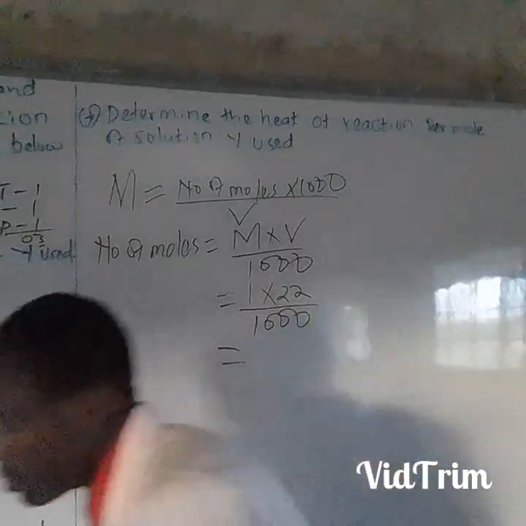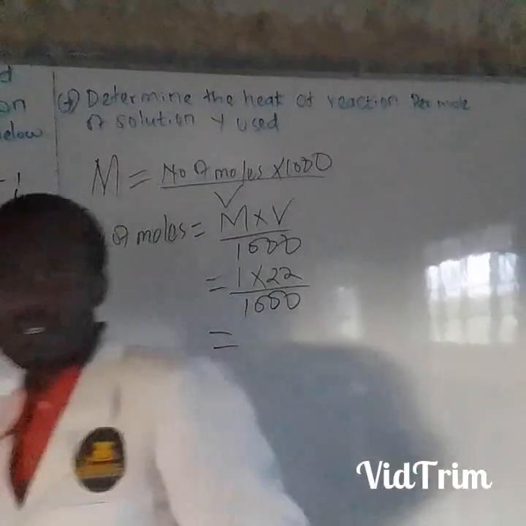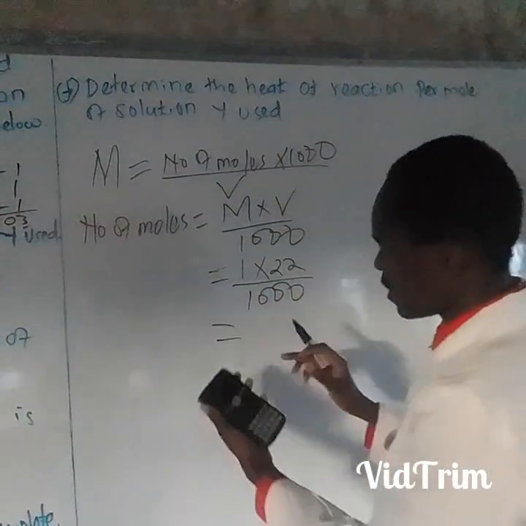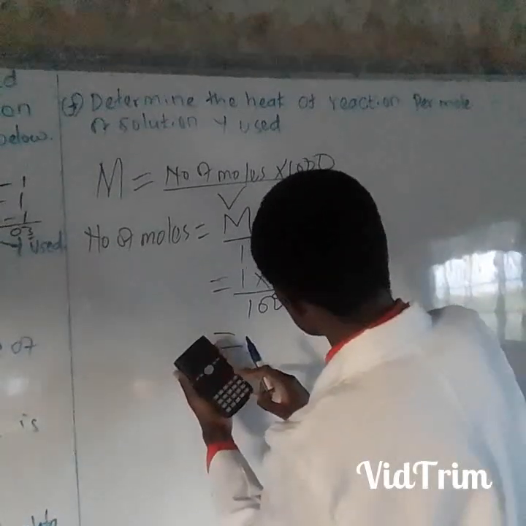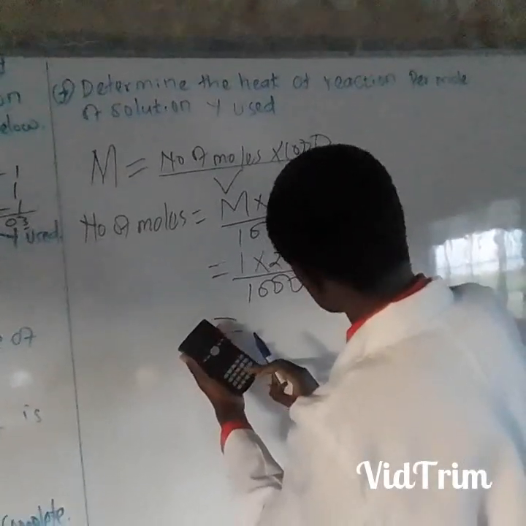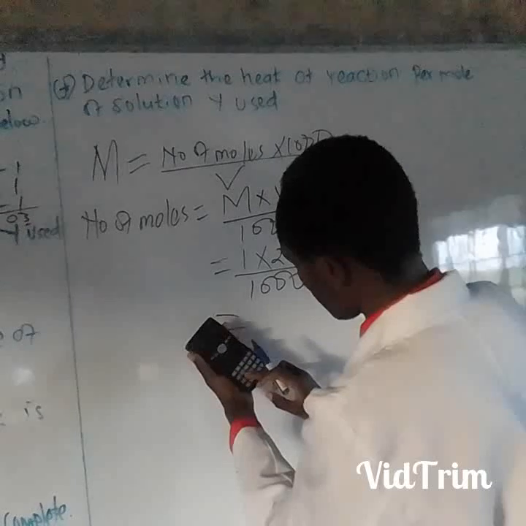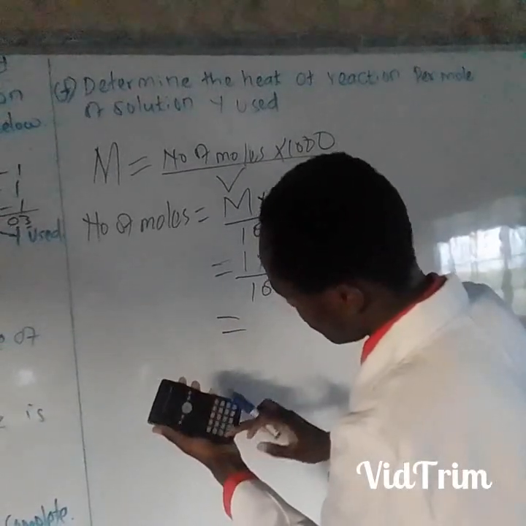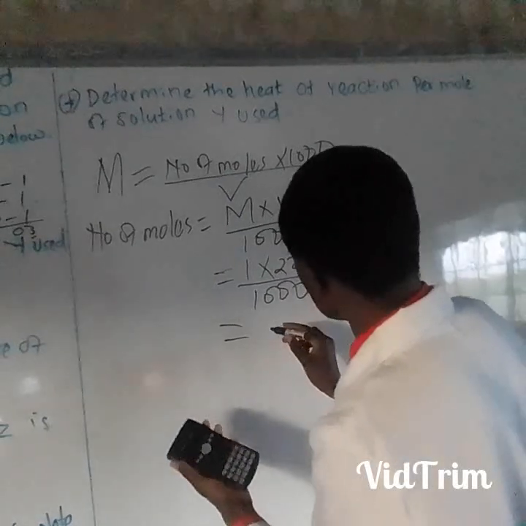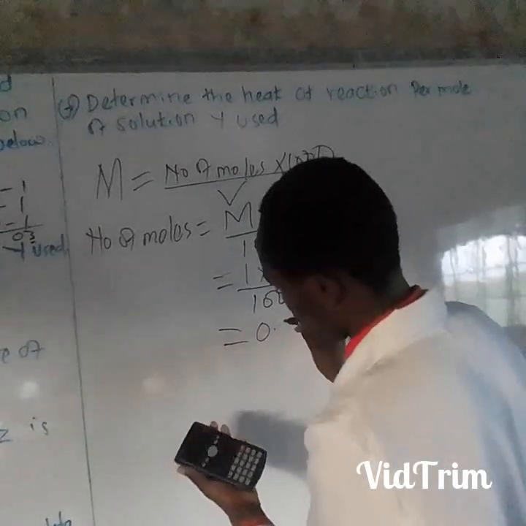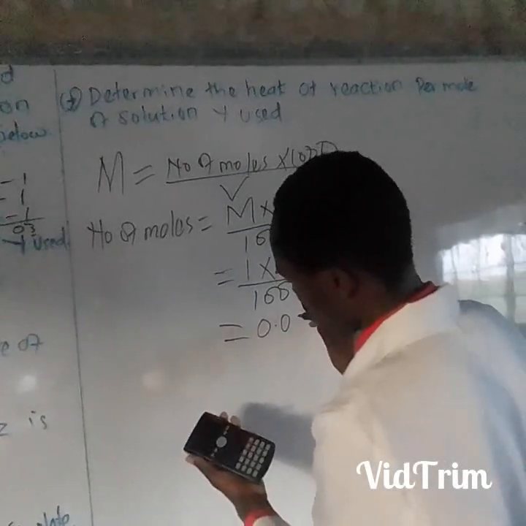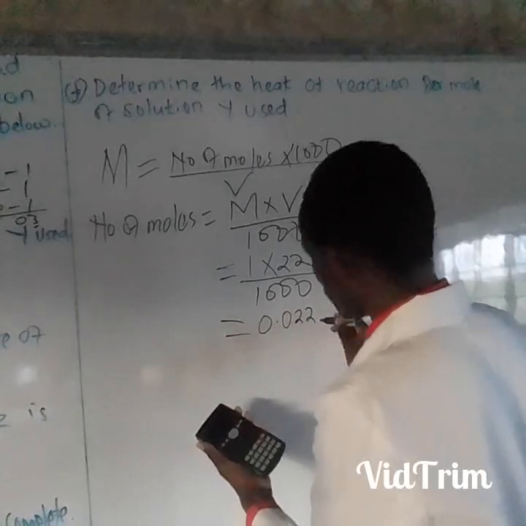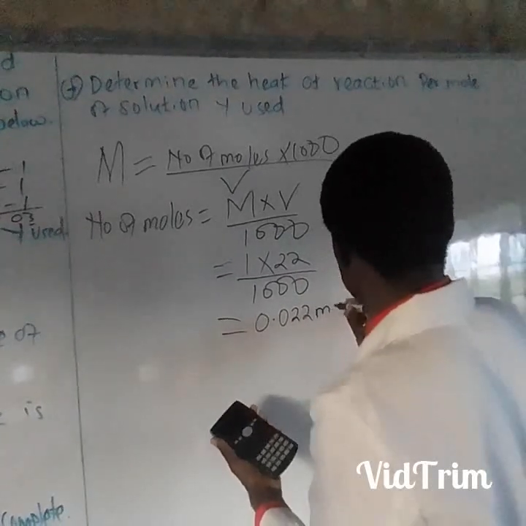So let me now see using my calculator. That is 1 times 22 divided by 1000. This one gives me 0.022 moles.